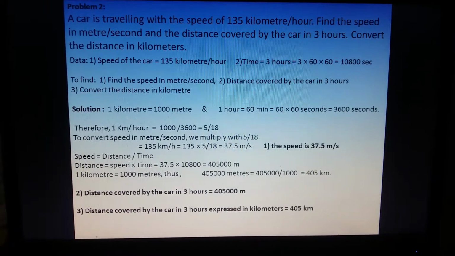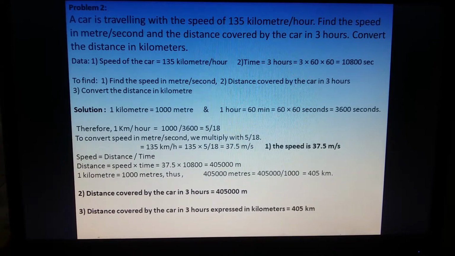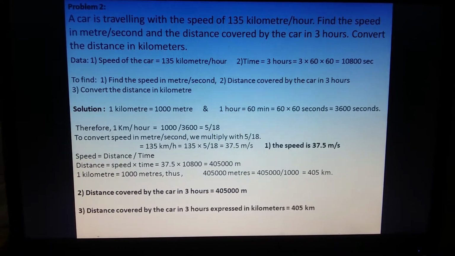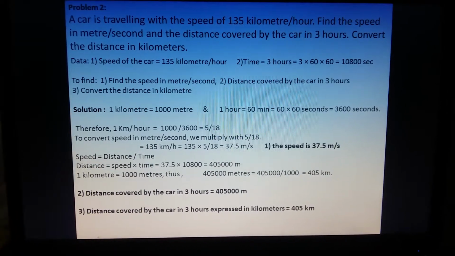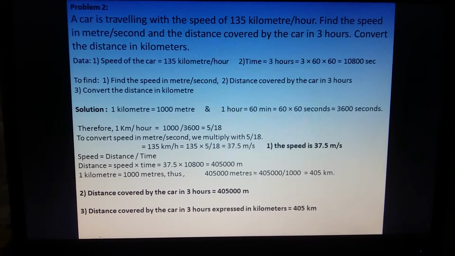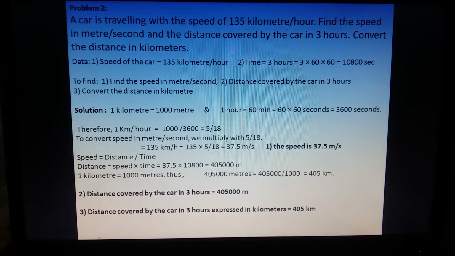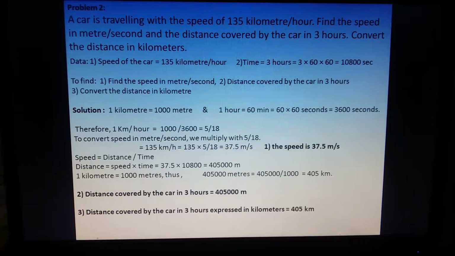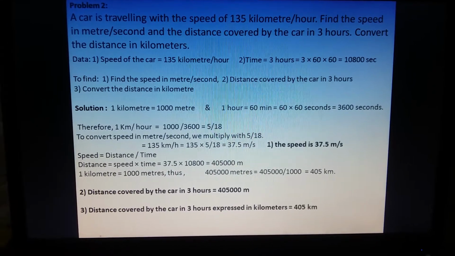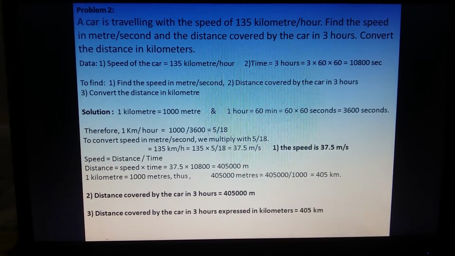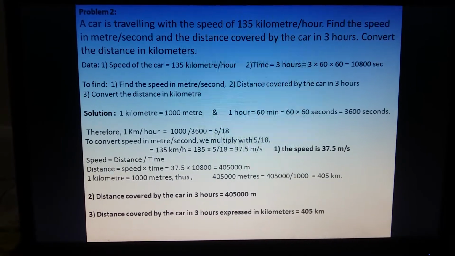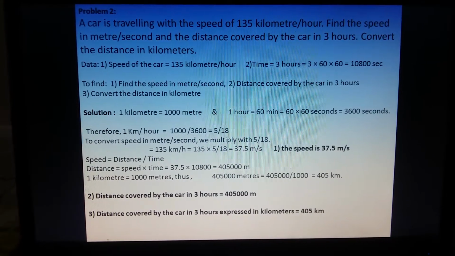Why? 3 is the number of hours and in 1 hour there are 60 minutes and in 1 minute there are 60 seconds. So 60 into 60 and again multiplied by 3. It will become 10800 seconds. Again you can solve it in your own copies and you can see that this is coming 10800 seconds.